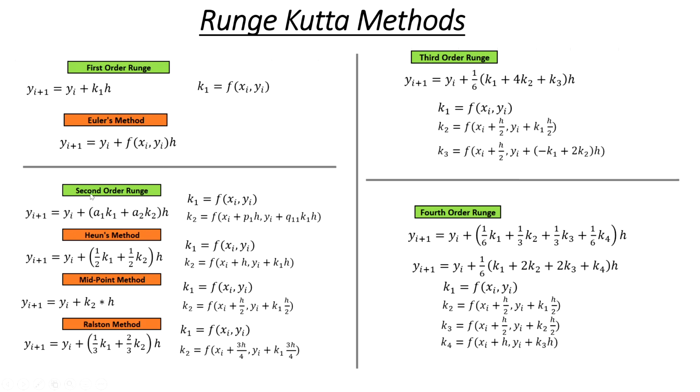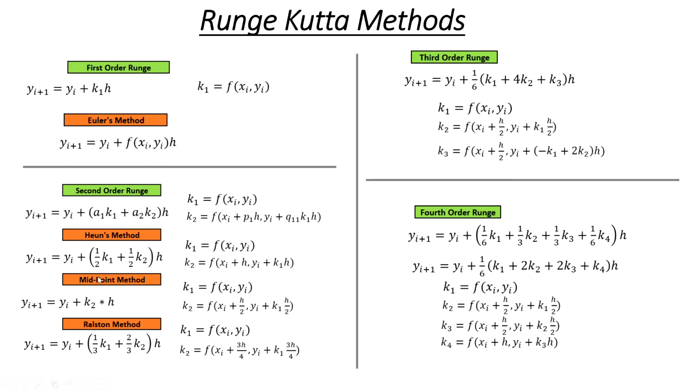Now, the second order Runge-Kutta is generally defined as y_i+1 is equal to y_i plus (a1 k1 + a2 k2) multiplied by h. How you define a1 and a2 will depend on which one of these methods you're going to get. For instance, Heun's method defines a1 and a2 as 1/2.